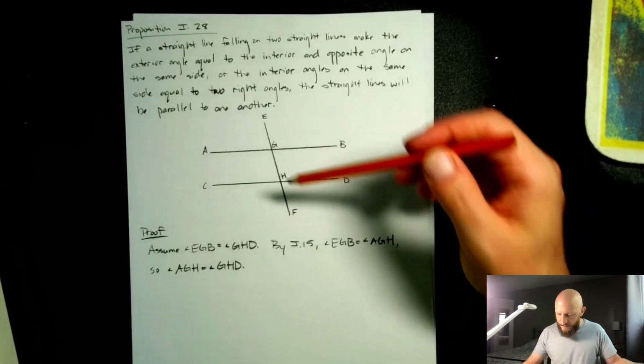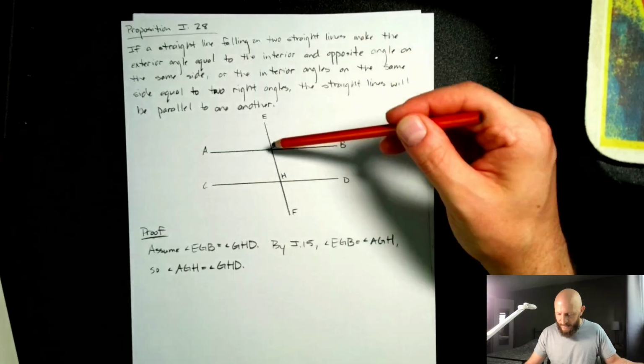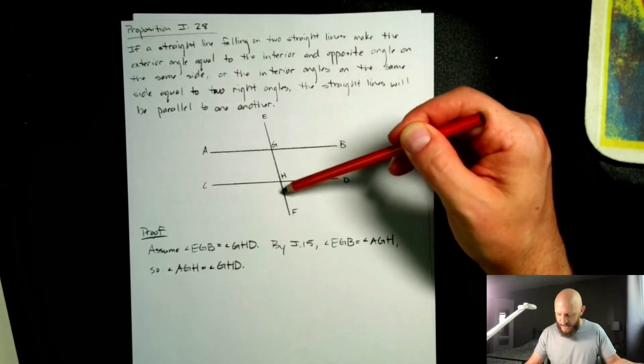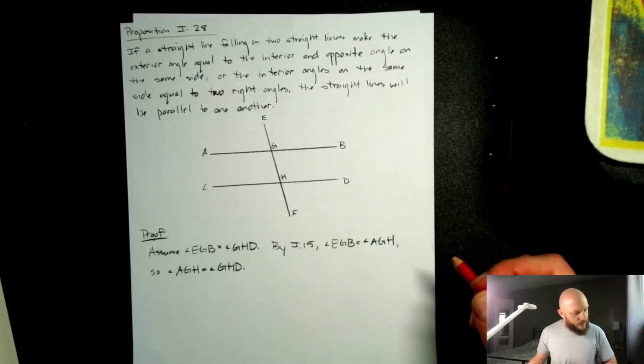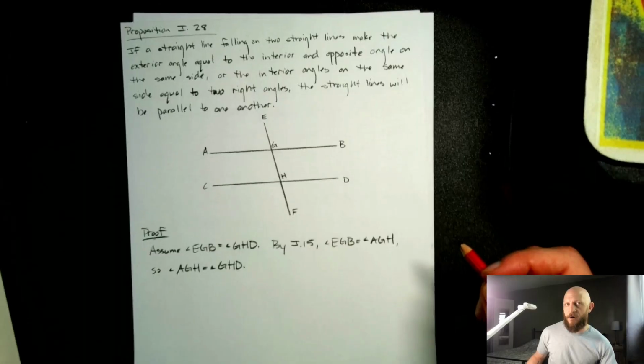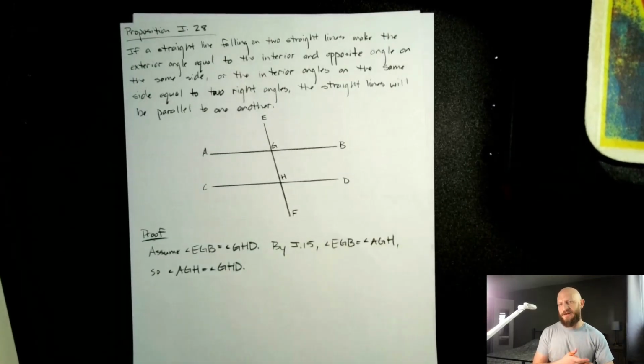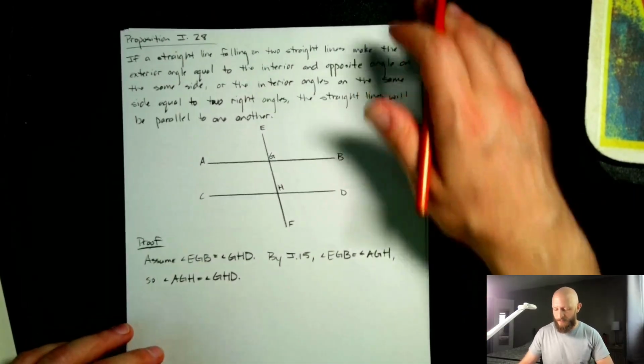But then notice, what are we looking at? We're looking at AGH and GHD, which are alternate angles. Alternate by the way that it was used in Prop 27.